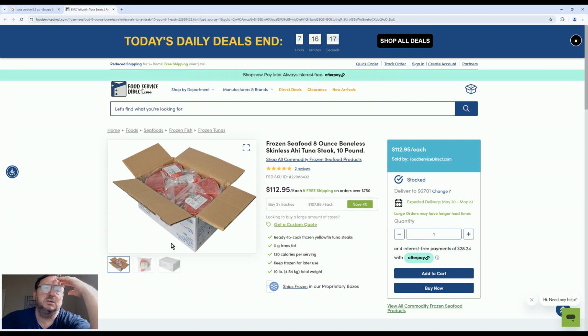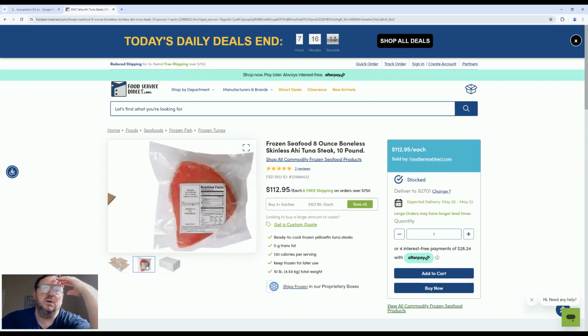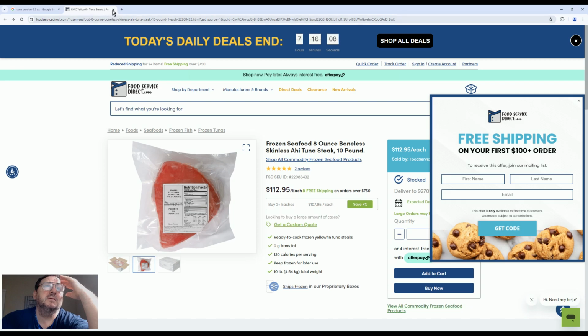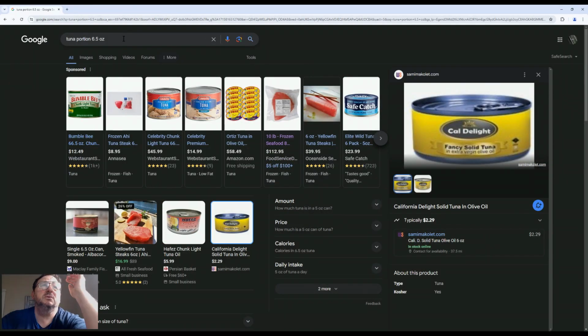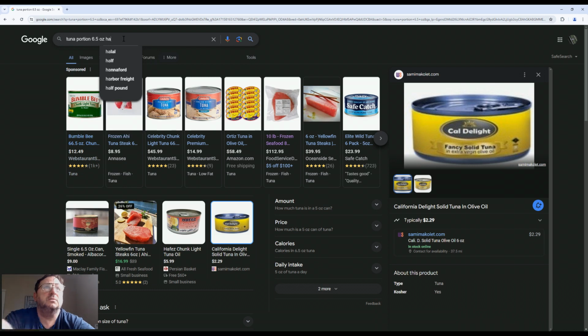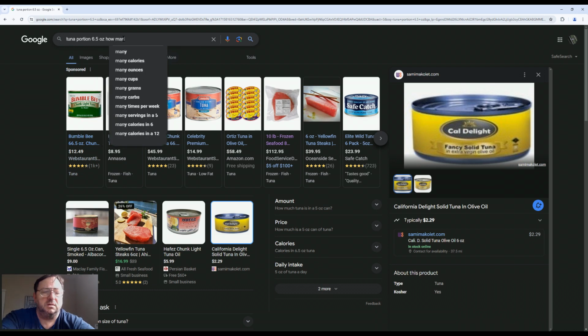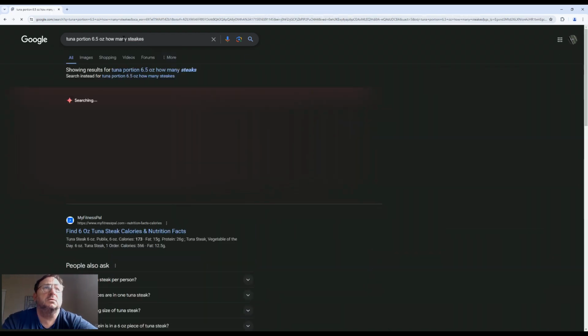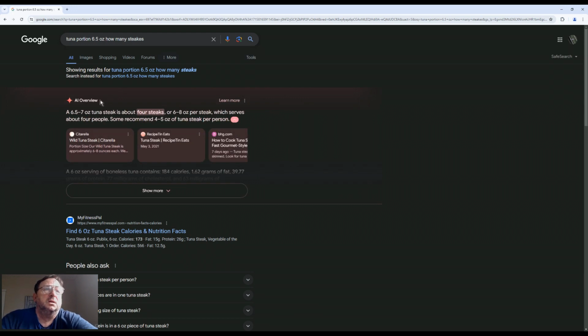But you need to see one steak, how much weight. I don't know, it doesn't say, it will not be the same. I suppose, I'm not sure, tuna, how many steaks. Six to 7 tuna steak is about 4 steaks.